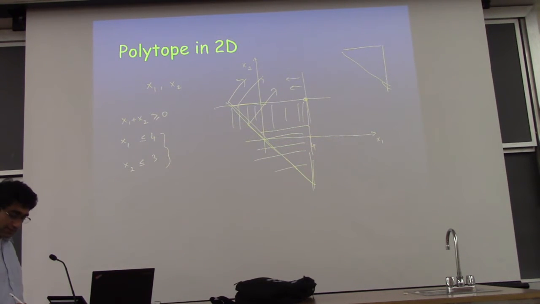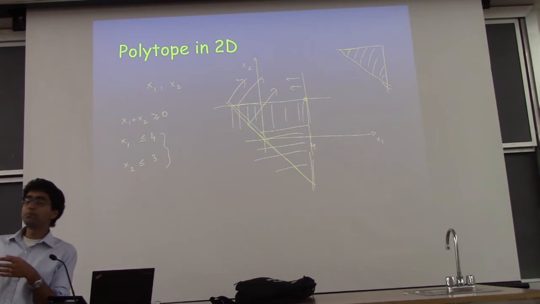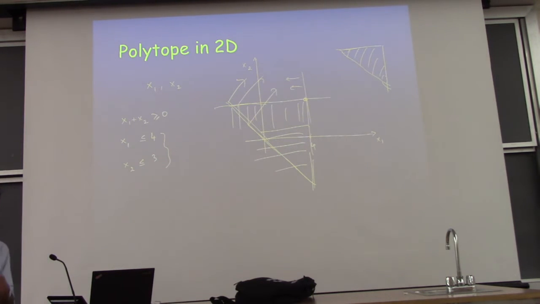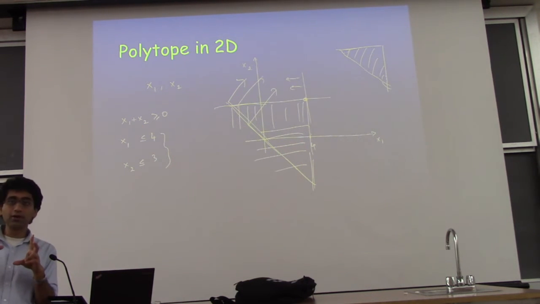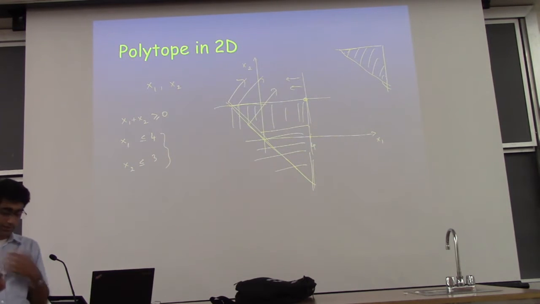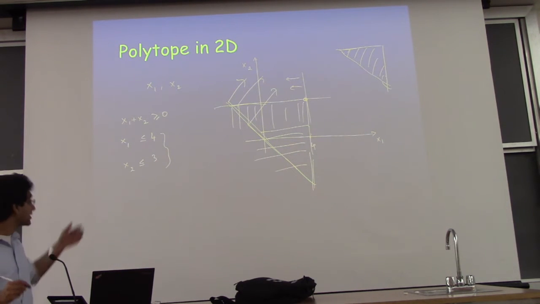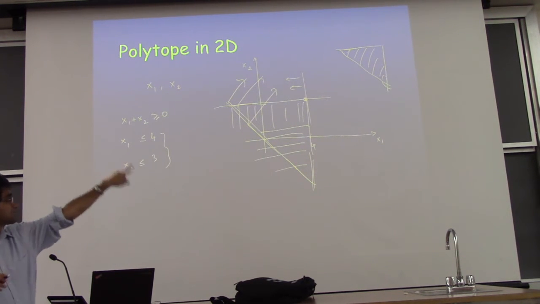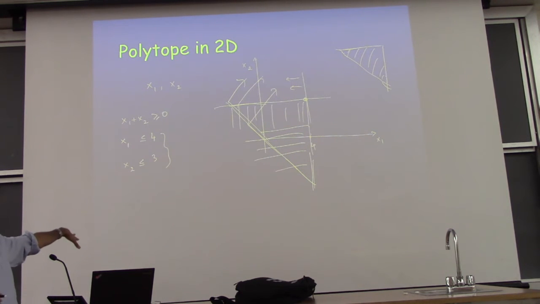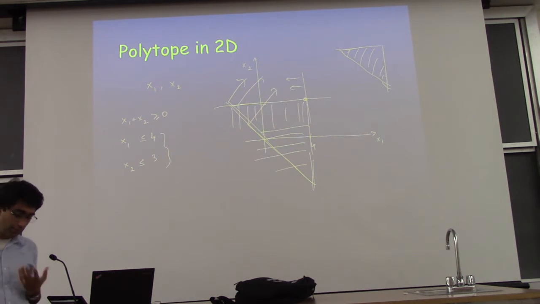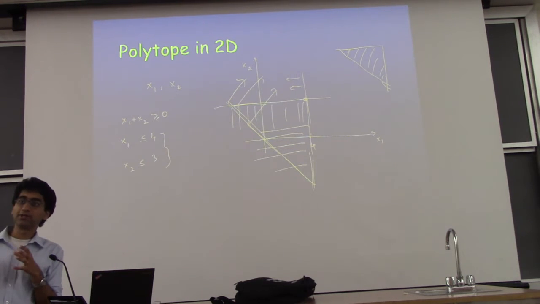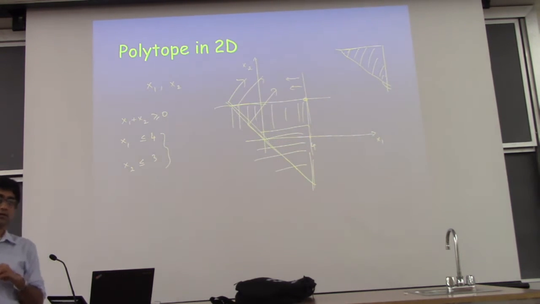So this is the feasible set for these 3 constraints. And in 2 dimensions, a polytope is just either a convex polygon or some infinite region. So it could be, for instance, when we didn't have this constraint, we just had an infinite region which went like this. Right? So in 2D, a polytope is just either a convex polygon or some infinite region whose boundary is gone.